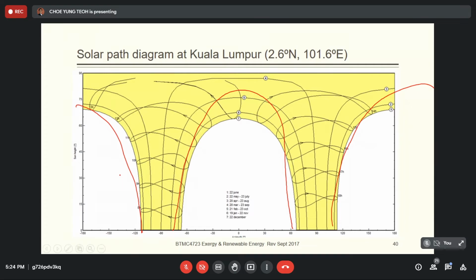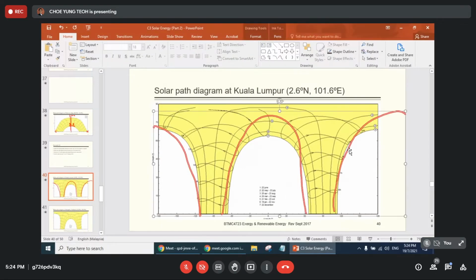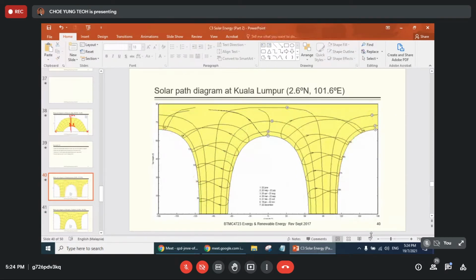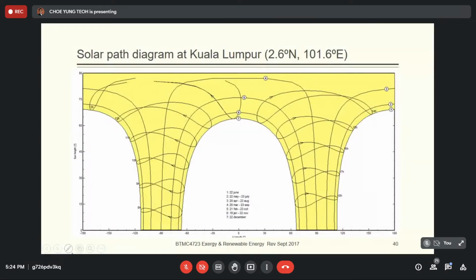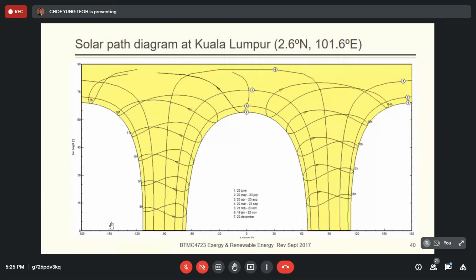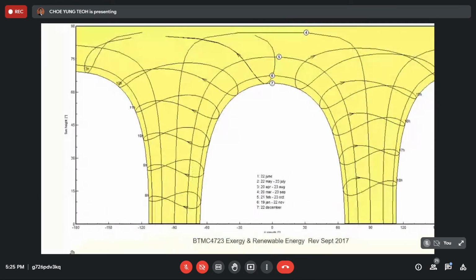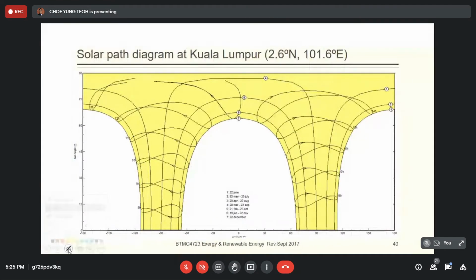So first we need to identify the direction. Okay, so based on the value of the azimuth angle, we can know the direction. When the azimuth angle is negative, it means that it is in the morning or before noon.